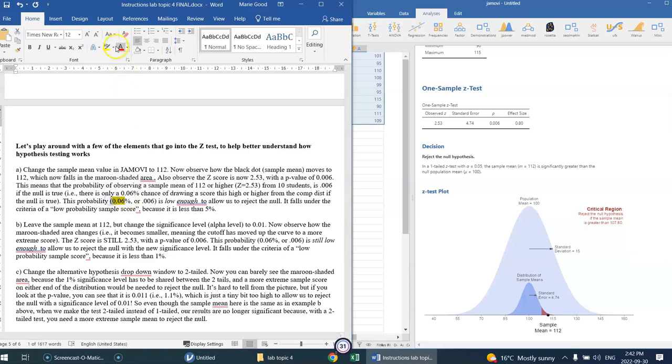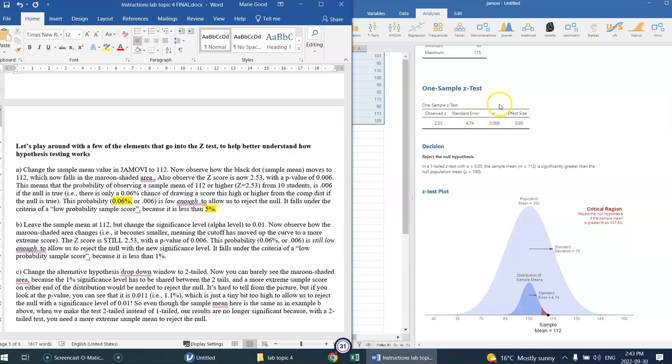Or actually, let's be consistent here. So yes, 0.6% is less than 5%. And so the correct conclusion would be to reject the null and say that the sample mean is significantly greater than the null population mean.